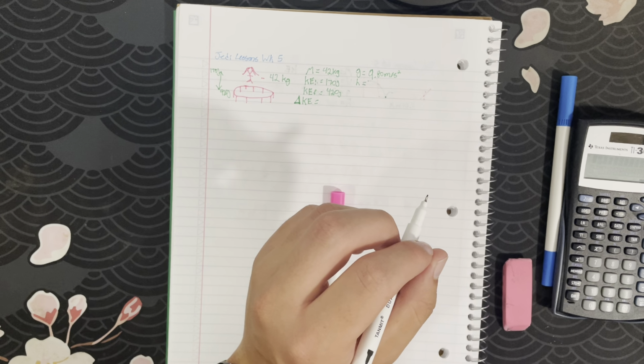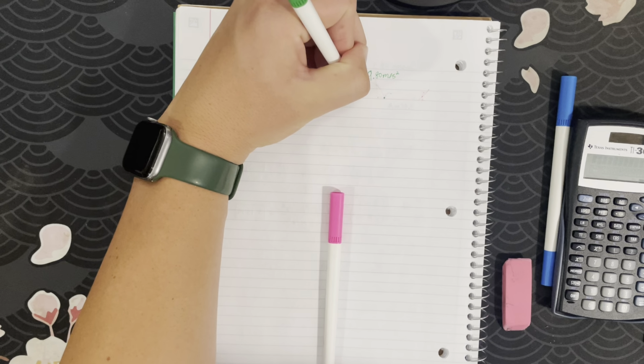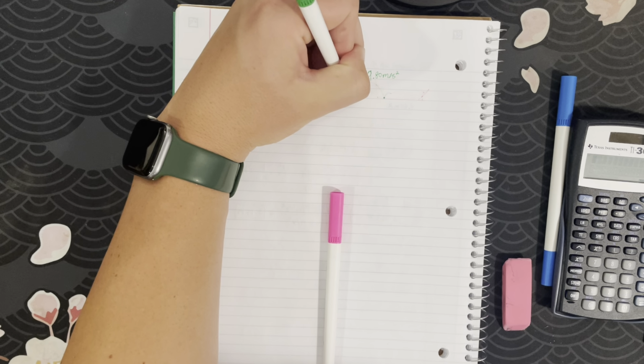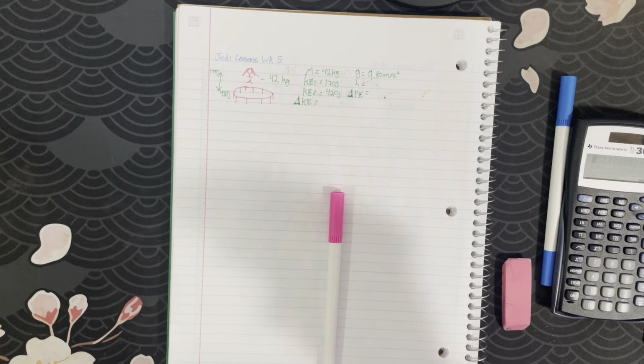And then we also have the change in her potential energy. So there's a lot of things to keep track of, a lot of things to work with, but we are going to be plugging that in now.